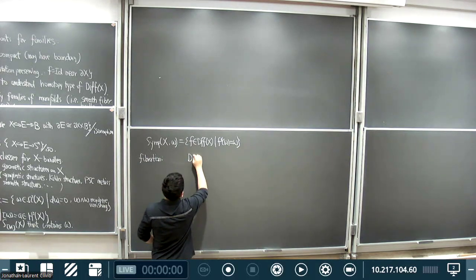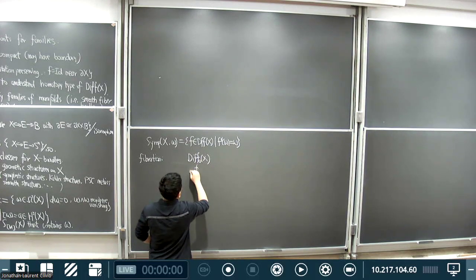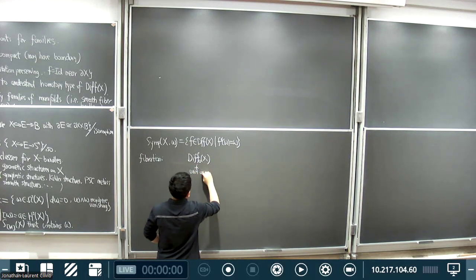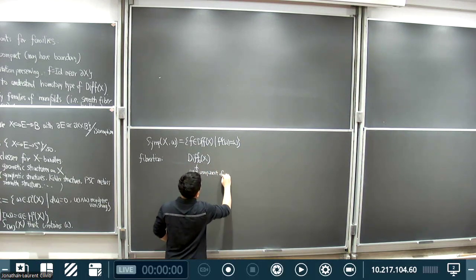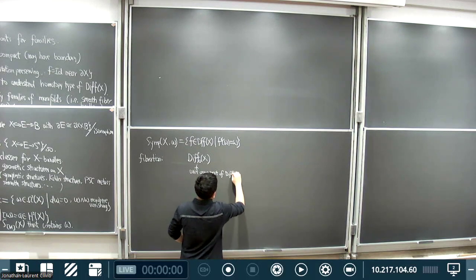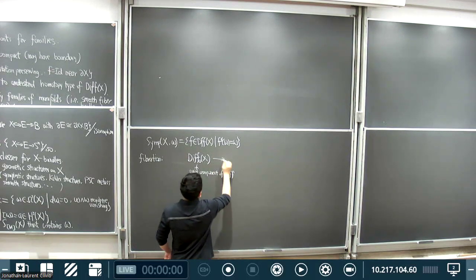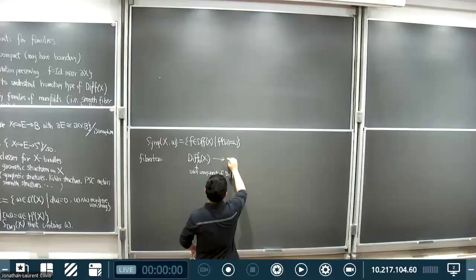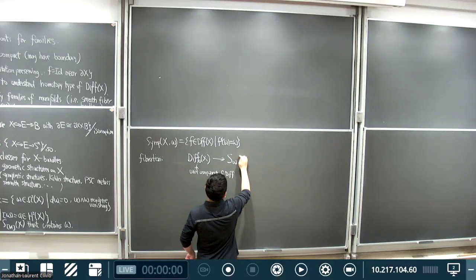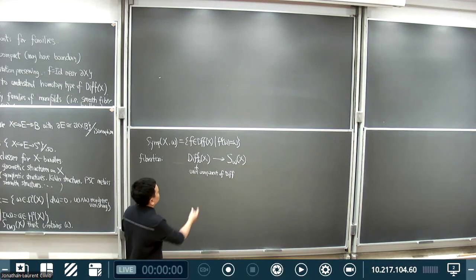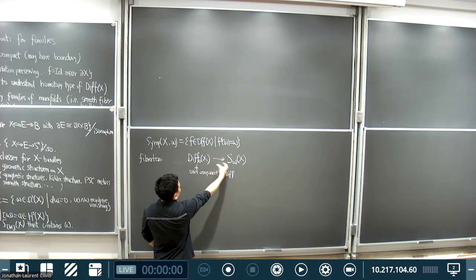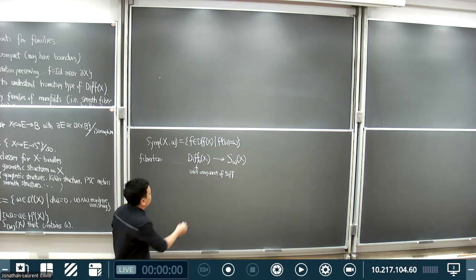So first of all, this means the identity component of this group maps to S over X, because you can just pull back the form.